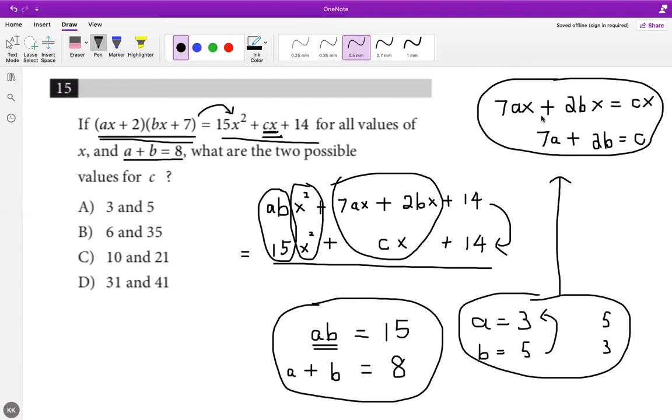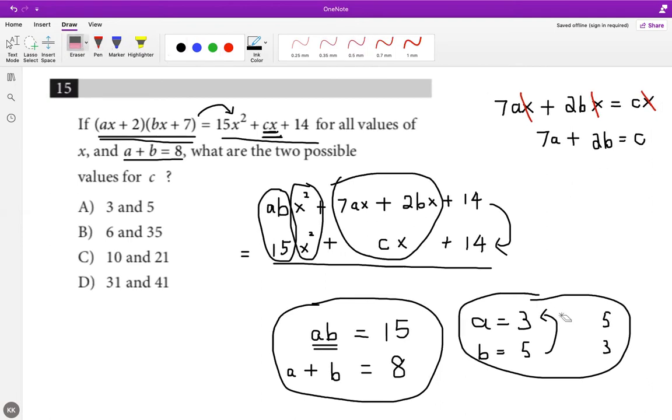So 7ax plus 2bx equals cx. I can take out the x because we have x in every term, and cross out all the x, leaving 7a plus 2b equals c. My final step is to plug in a equals 3, b equals 5 into this equation right here, and I'm done with this question.